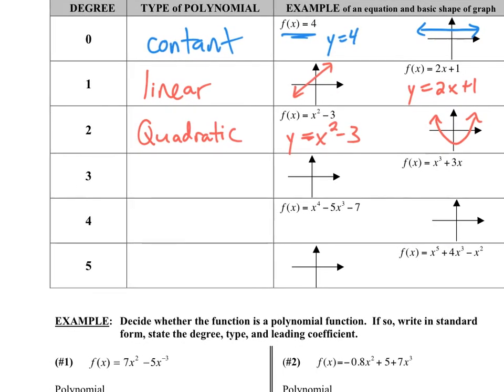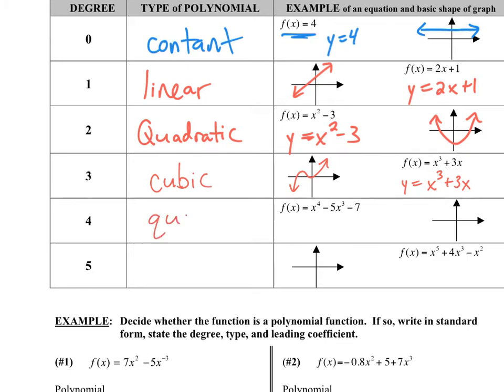Okay, the third degree would be called a cubic. And a cubic would be like x to the third plus 3x. The biggest exponent is 3. And a cubic would look like this. It'd be a graph that kind of looks like a snake. It swirls around a couple times, and they go in opposite directions. The arrows, one goes up, one goes down.